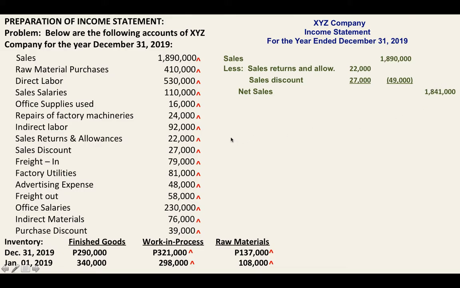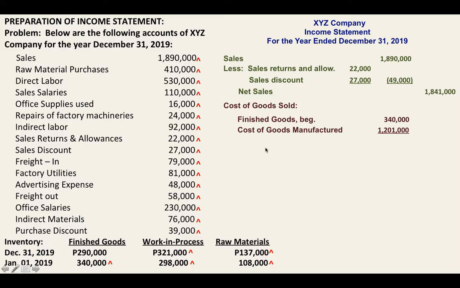The next thing to do is your cost of goods sold. In computing your cost of goods sold, you first consider your inventory beginning, which is 340,000. Then you add the cost of goods manufactured. Since we already have a statement, we will just indicate the amount derived from our cost of goods manufactured.